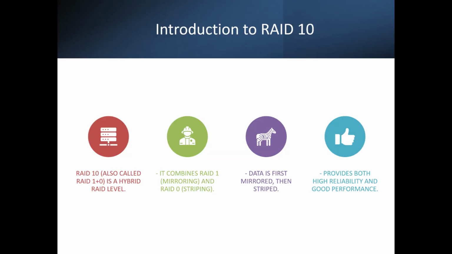Let's understand how. So we know RAID 0 has the concept of block level striping of data. That is, the data is divided into blocks and those blocks are distributed across disks.